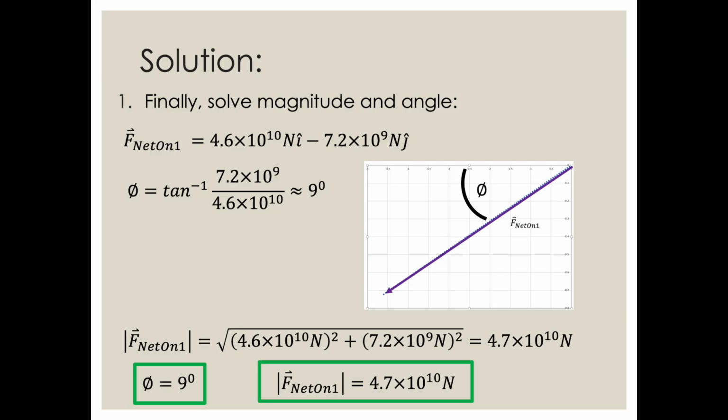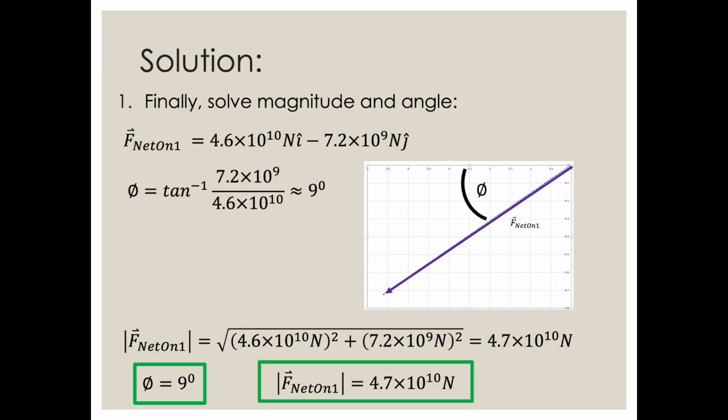So now we solve for the magnitude and angle. Keep in mind, depending on the problem, you might be asked to solve for the angle with respect to the vertical axis or to the horizontal axis. In this case, we're going to solve the angle with respect to the horizontal axis, which is more typical.